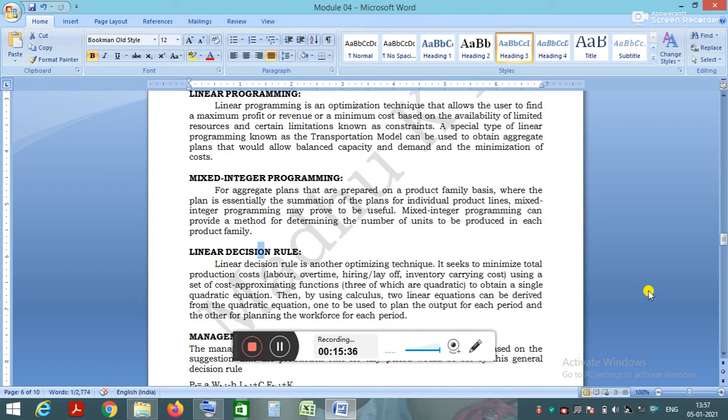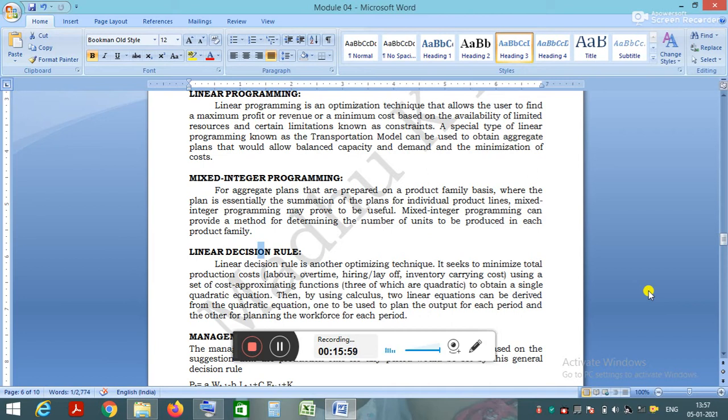Okay, it is a linear decision rule. It is an optimizing technique which minimizes the total production cost, where cost approximating functions are used.